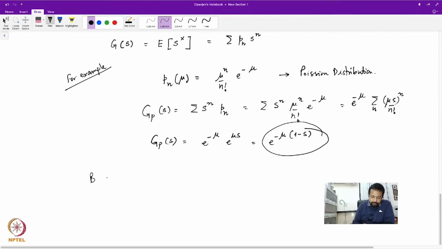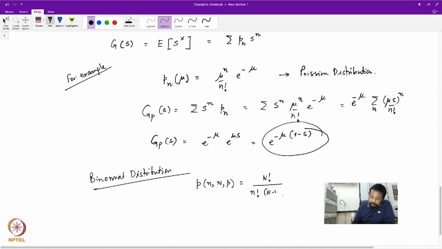For the other example that we looked at for the discrete case, which is the binomial distribution, there we had the probability of n given p as N factorial over small n factorial times (N minus n) factorial, p to the power n, and this has to be 1 minus p.